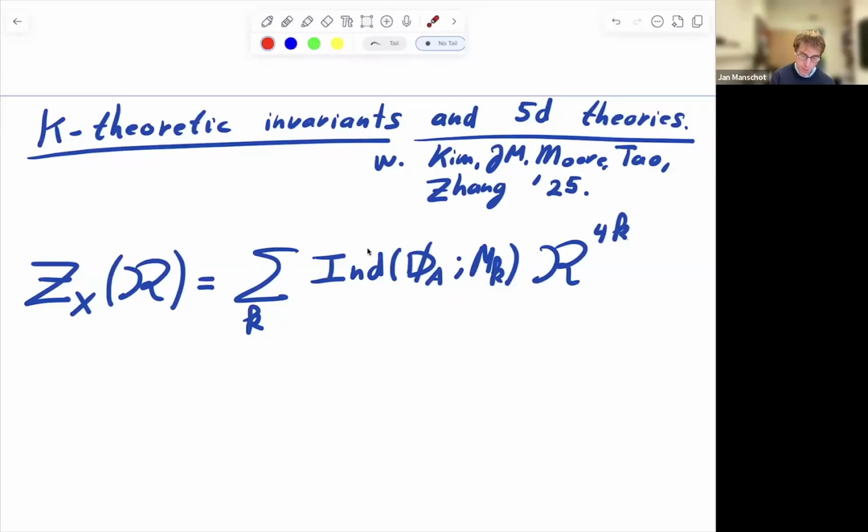This is how it relates to K-theoretic invariants: these indices are formal differences, and they are also known as K-theoretic invariants. But if you're more familiar with indices of Dirac operators, just think of it this way, as the index of the Dirac operator on the moduli space of instantons.